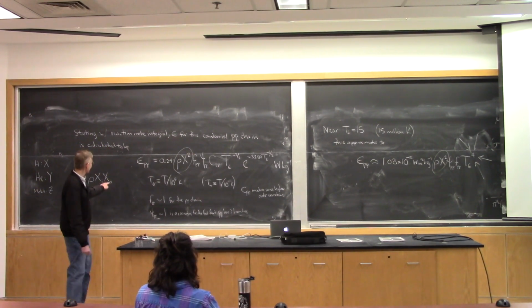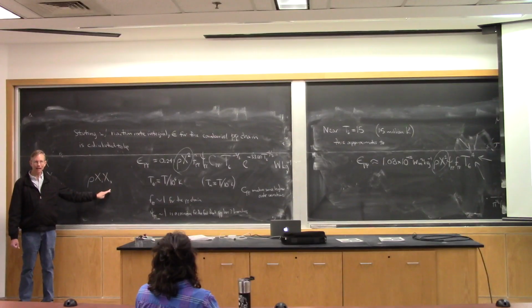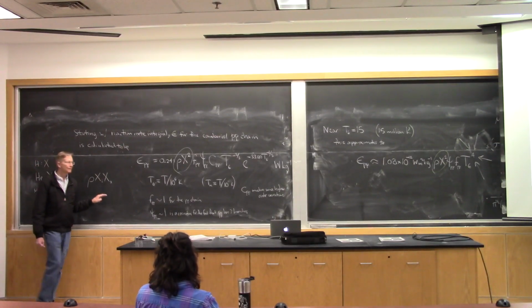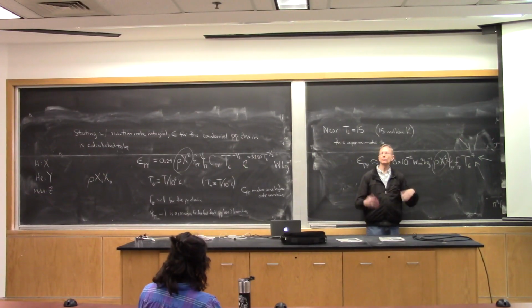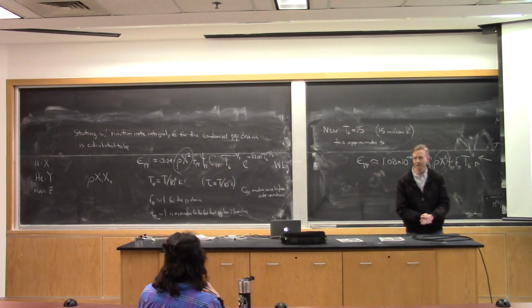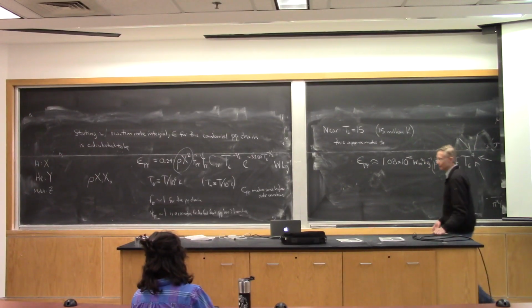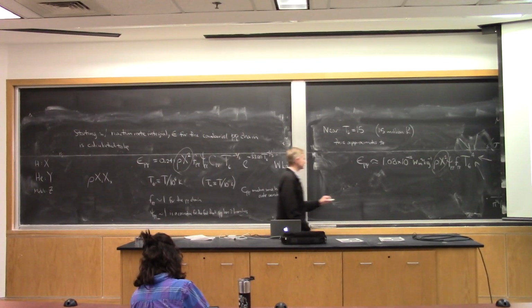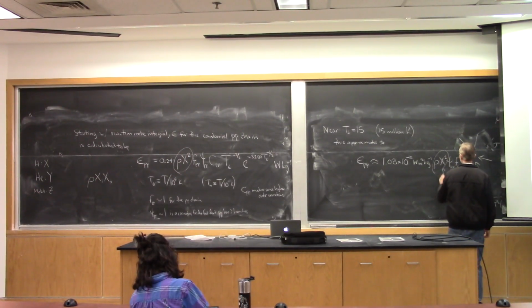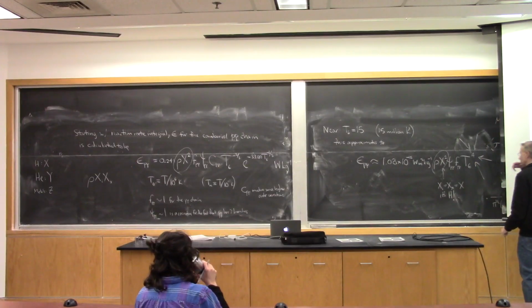So X sub i equals X sub x equals X. It's both hydrogen, so that's why it's rho X squared, because it's 2 hydrogens that are starting this sequence off.